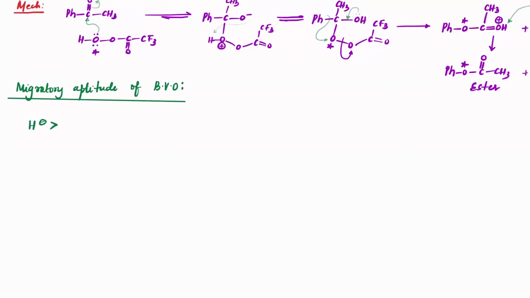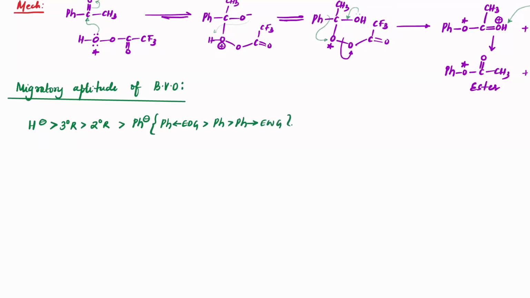Then it is 3-degree alkyl, got it? Then it is 2-degree alkyl, okay? Then it is anything like phenyl groups. Within phenyl group, we have phenyl with electron donating group, then only phenyl, and then phenyl with electron withdrawing group, correct?